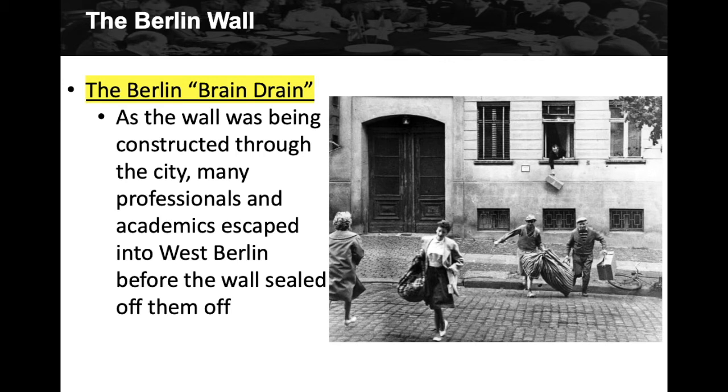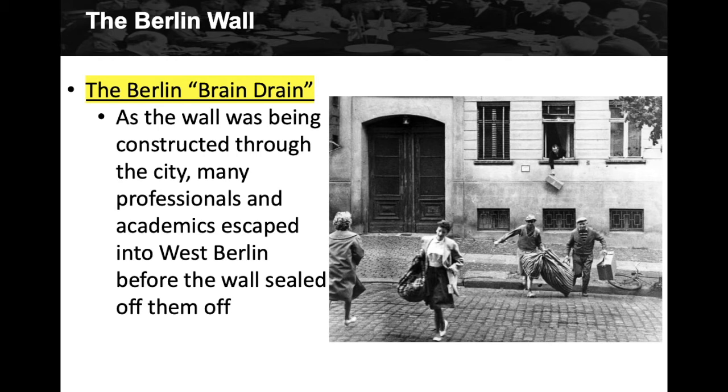And that's what happened. A lot of professionals and academics, professors and all that, they fled. They left East Berlin. They left East Germany. They crossed into West Berlin as the wall was being built. They crossed in, and then they were able to get out. And so they took a lot of their brain with them. They took the scientists, the academics and professionals.